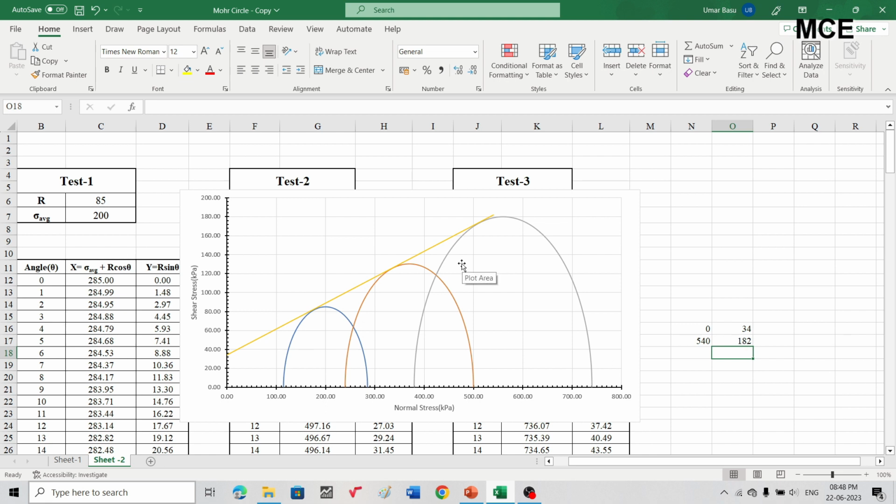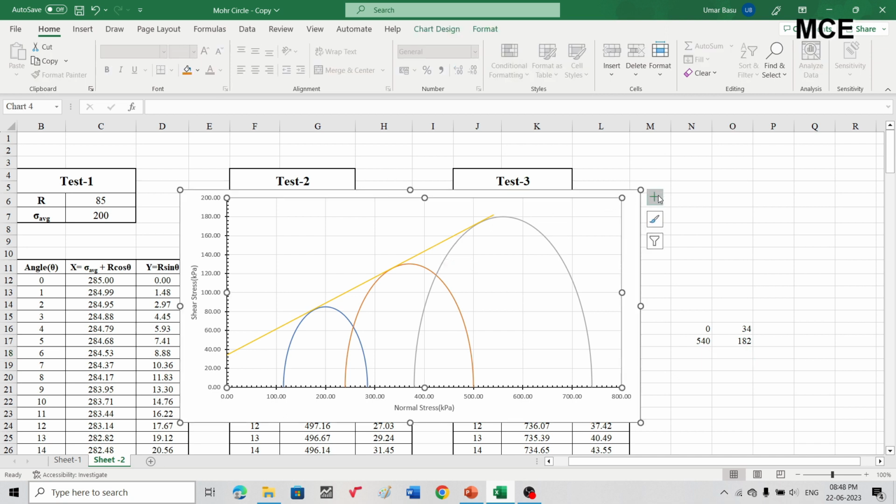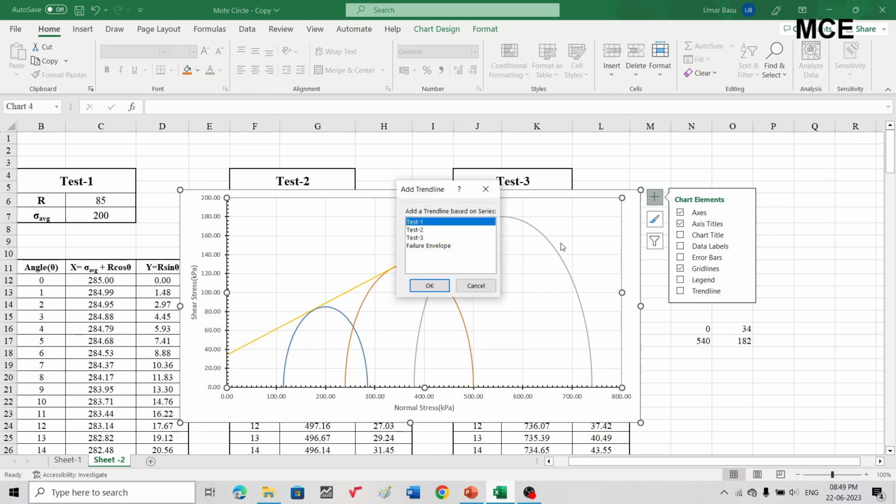After getting the failure envelope, we can also get the equation for this failure envelope to find the cohesion and the angle of friction. So first you will click on the select plus button, and then you will select the trend line.